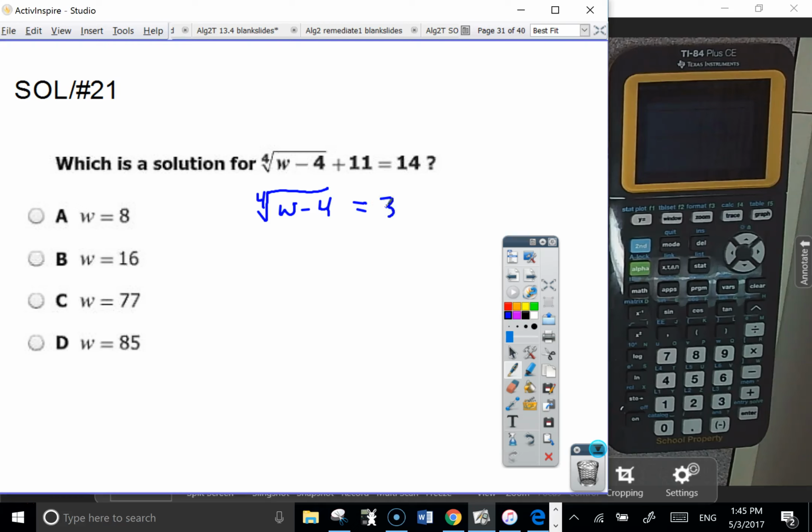How do I undo a fourth root? You raise to the fourth power. So now we've got w minus 4 equals 3 to the fourth, which is 81. So w equals 85. Bingo.